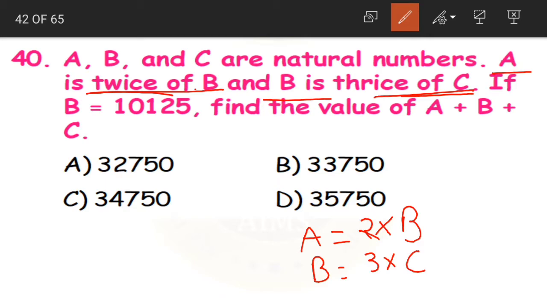Now what do we know? We know that the value of B is equal to 10125. Now what should we find out?